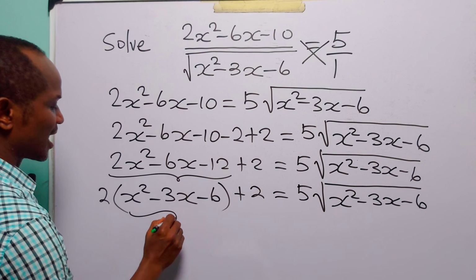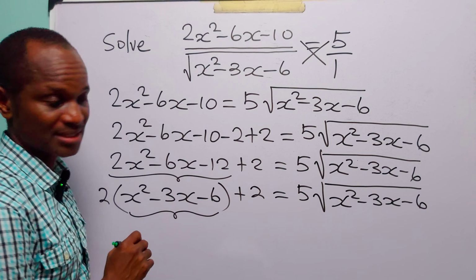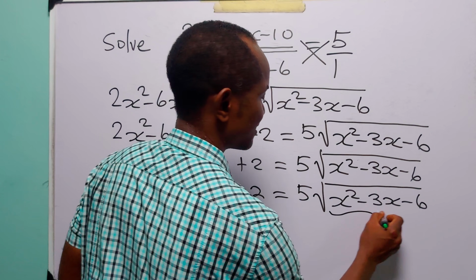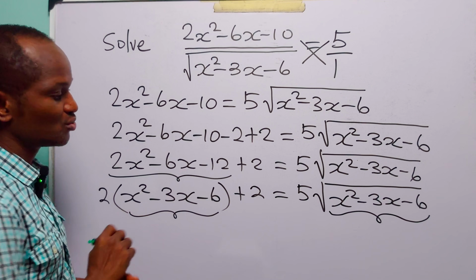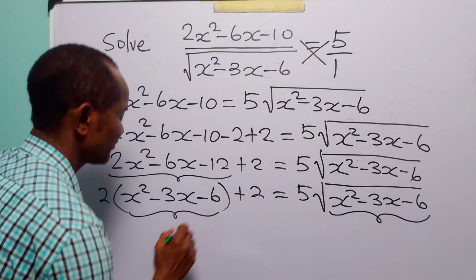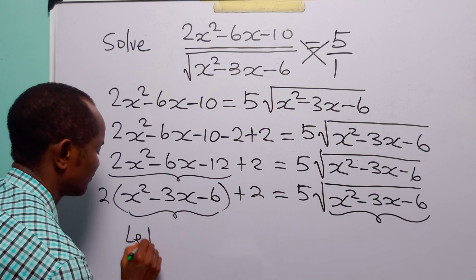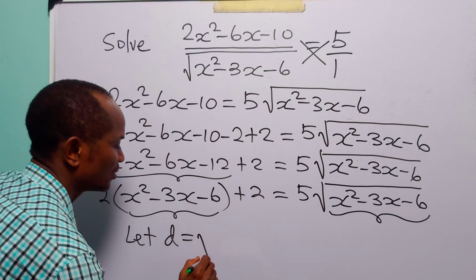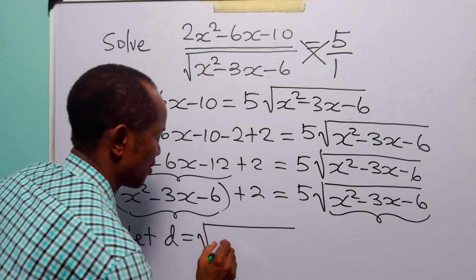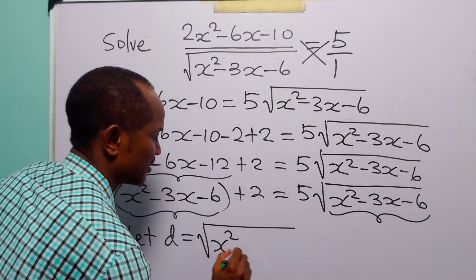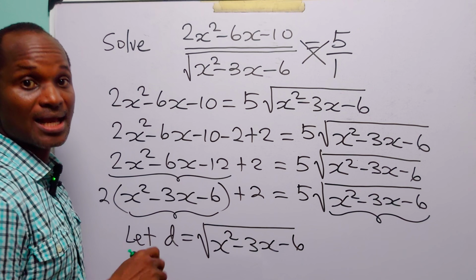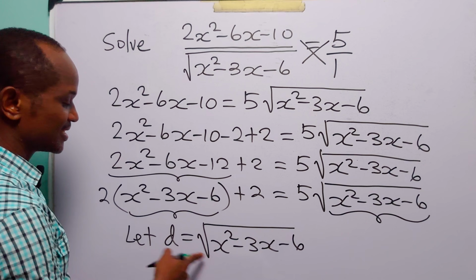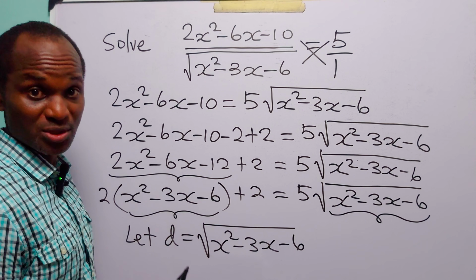Now, notice that what we have inside this bracket is exactly the same as what we have under the square root sign. So let us do a substitution. Let d be equal to the square root of x squared minus 3x minus 6. Now, of course, you know that since d is a square root, it must be positive.